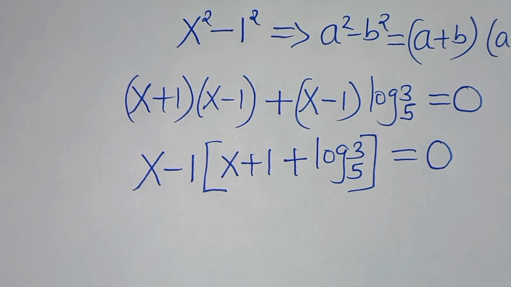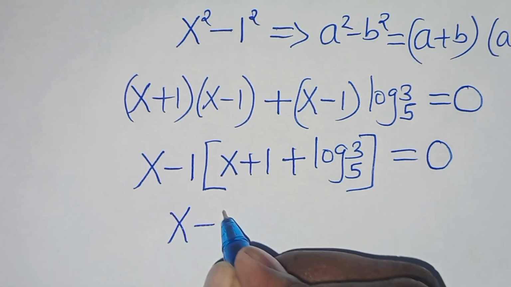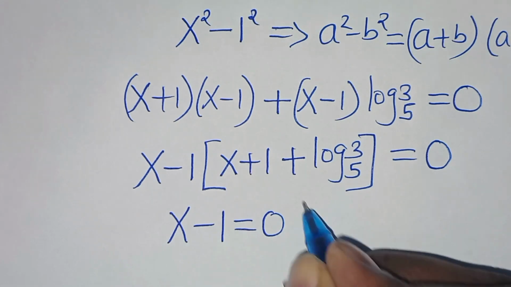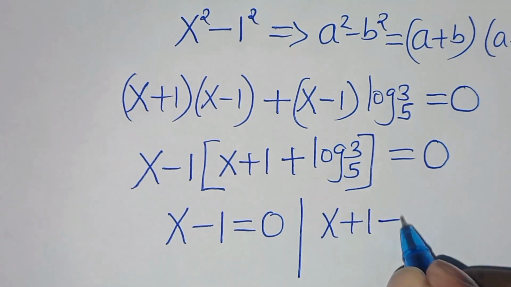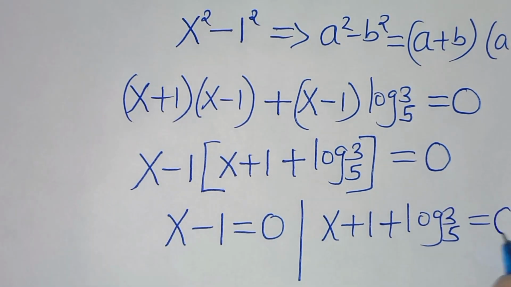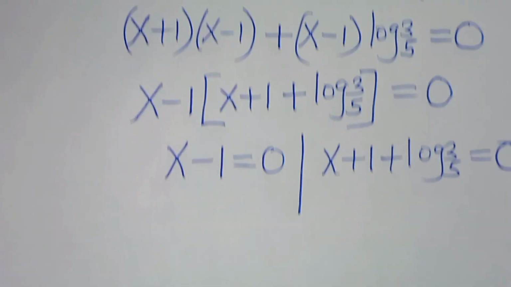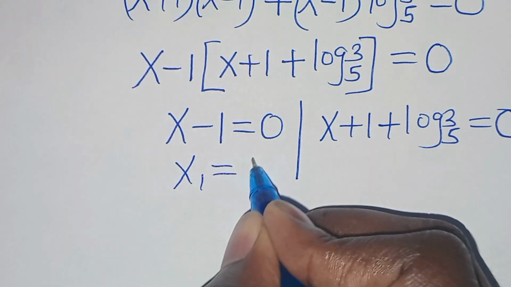So here we have two parts. The first part is x minus 1 equal to 0. The second part is x plus 1 plus log 3 to base 5 equal to 0. Therefore, from the first part, x1 is equal to 1.